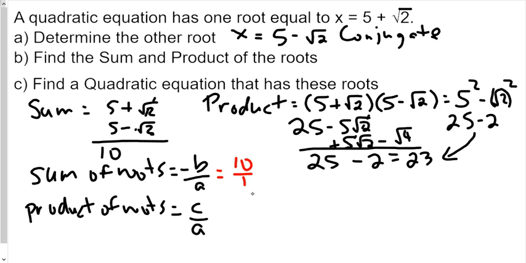Anytime you have a situation where the sum of the roots or the product of the roots is a whole number, it's that whole number over 1. And the same thing with the product, it's not just 23, but 23 over 1.